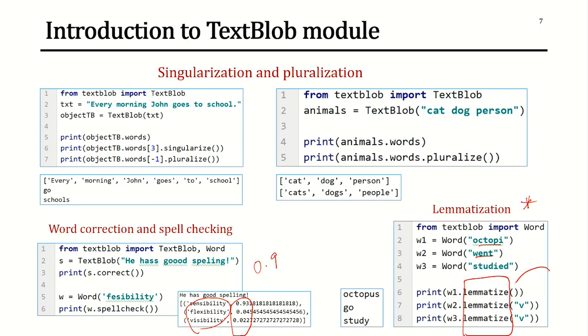Either we pass a part of speech to this parameter, or we can just leave it empty. By default, it will use the noun part of speech. So in case we want to find the verb, we can pass the parameter here, which is v, standing for verb. As the result from this simple code, we obtain the base form of these 3 given words.